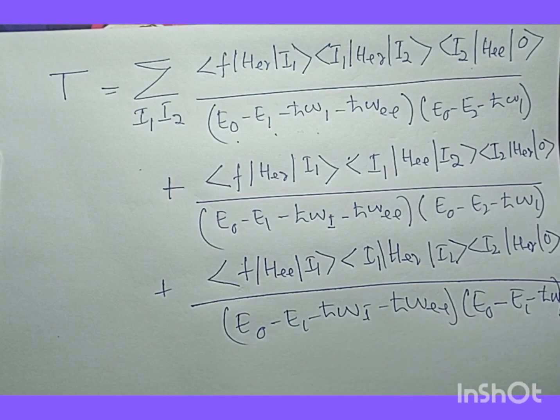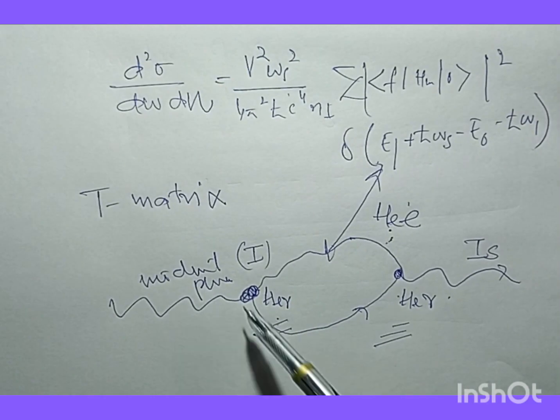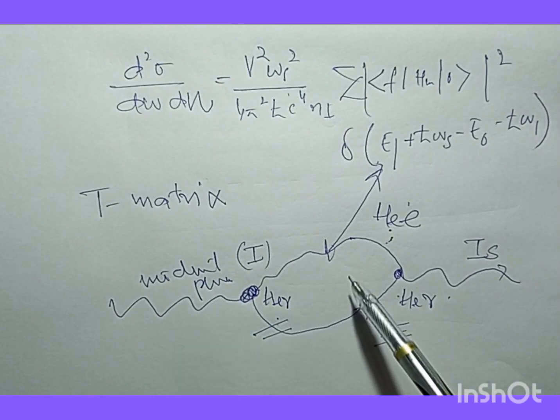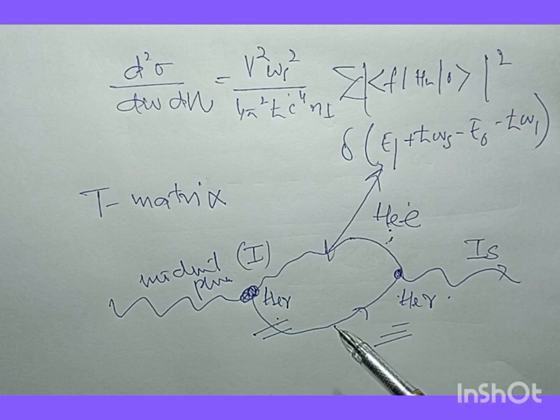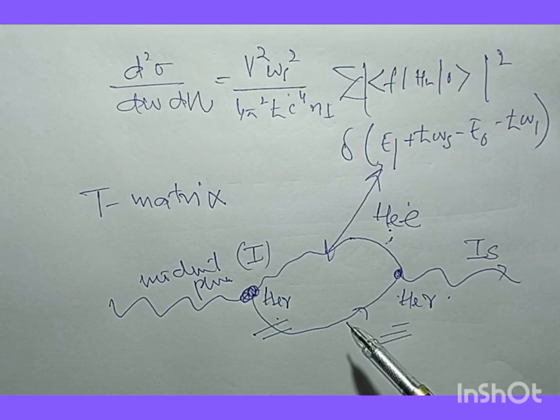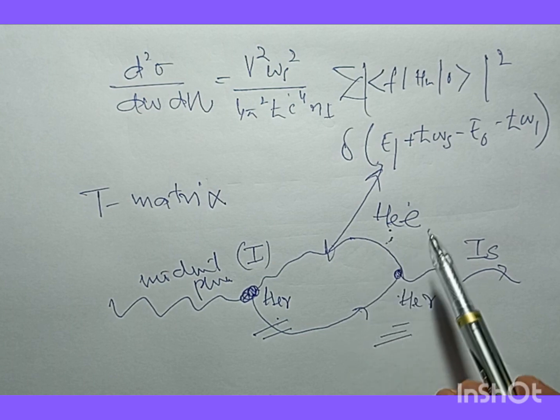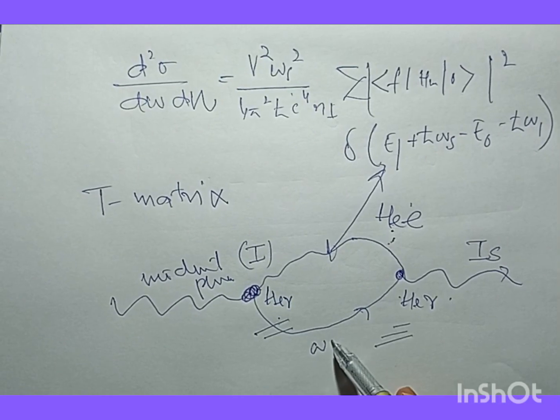We have the incident photon, which has some frequency, and it creates electron and hole pairs, which in turn are scattered via electron phonon interaction by emitting or absorbing a phonon of frequency, say, omega p.